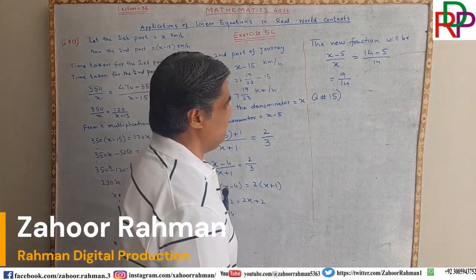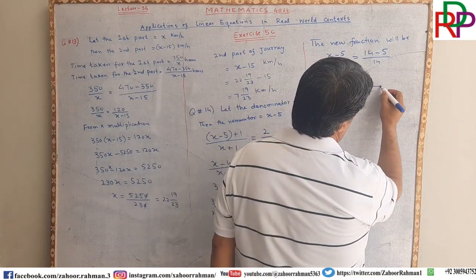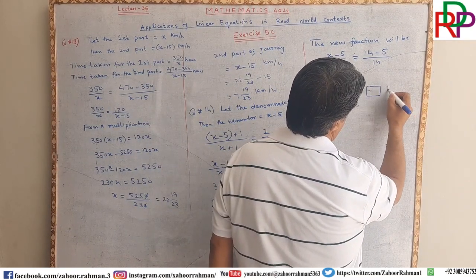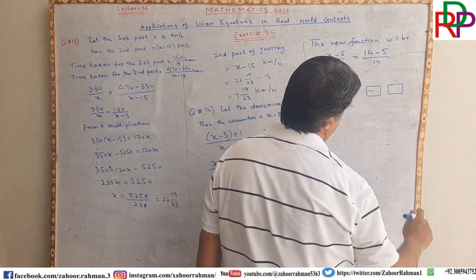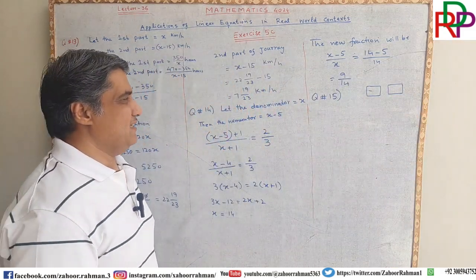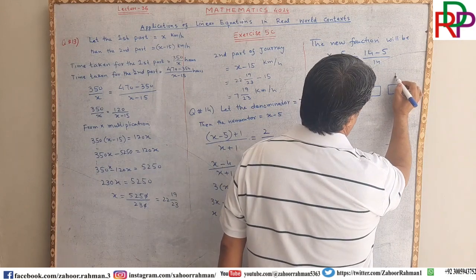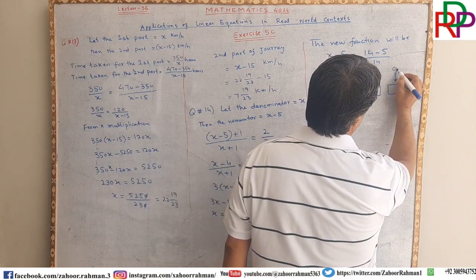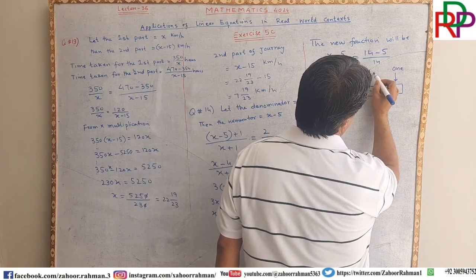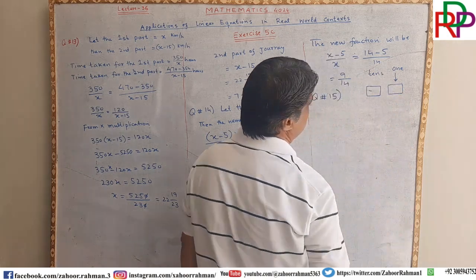Ladies and gentlemen, we are having a number and we don't know. This is a two digits number. This is the place of ones and this is the place of tens.